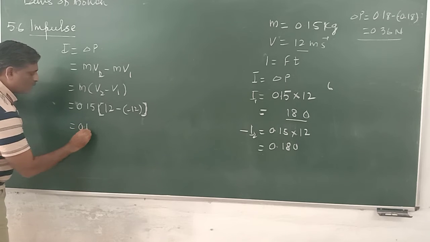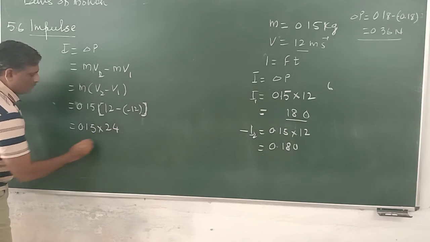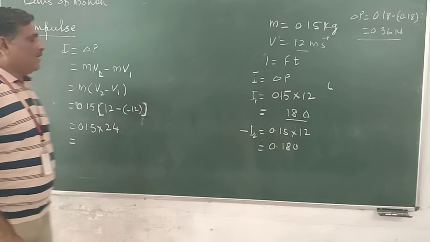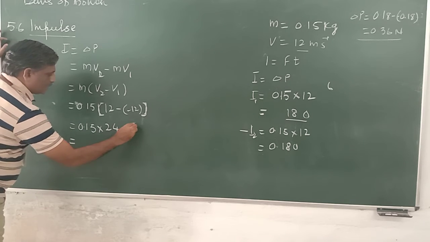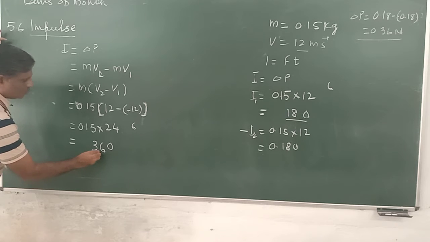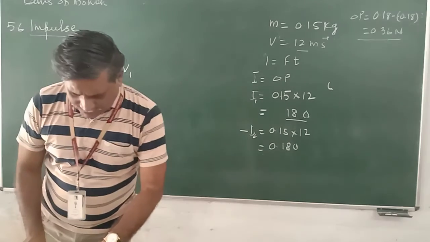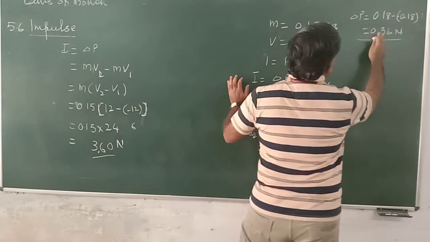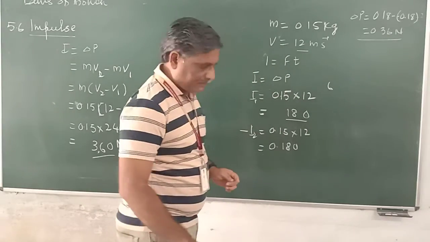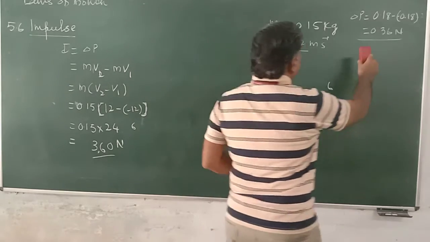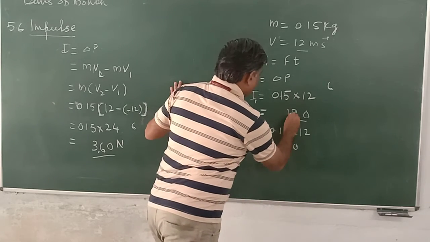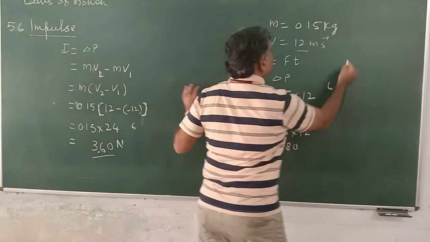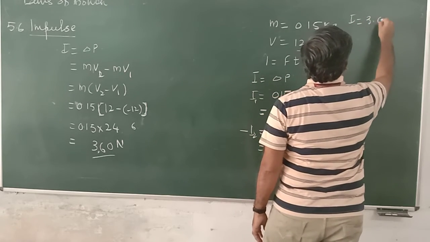That becomes 0.15 into 24, which is 3.6. So the impulse will be equal to 3.6 Newton second.